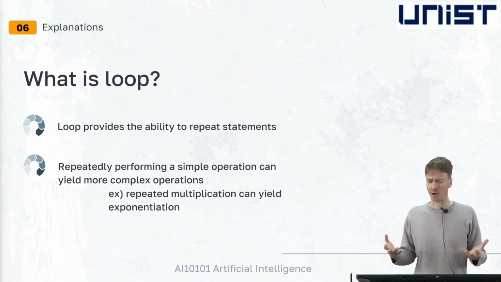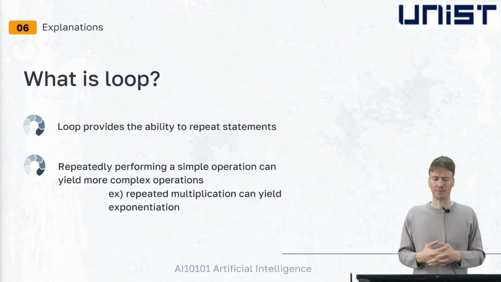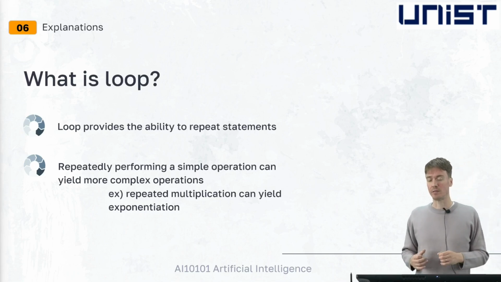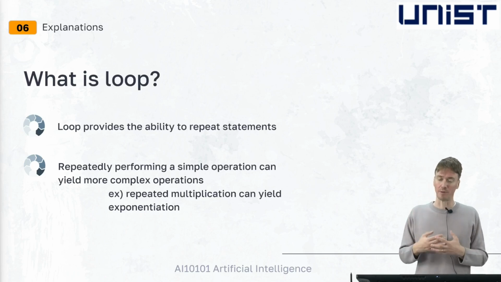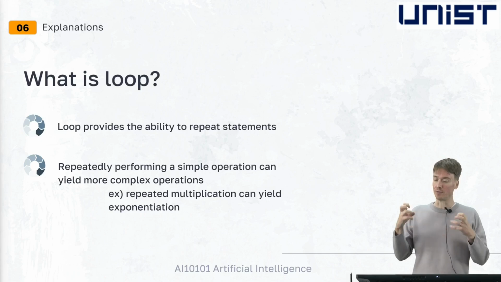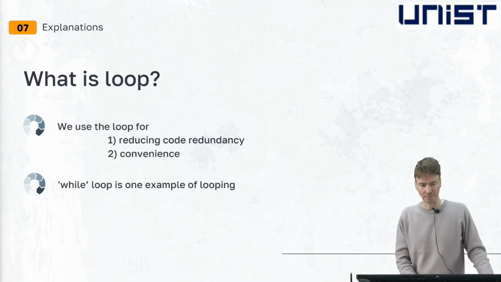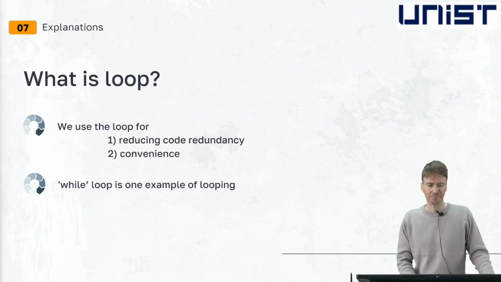How does Python offer an exponent operator if the hardware doesn't have an exponent instruction? The answer is it might be doing some repetition. It might be implementing exponentiation with repeated multiplication. There are lots of operations which can be broken down into repeating a simpler operation. That's what loops are for.